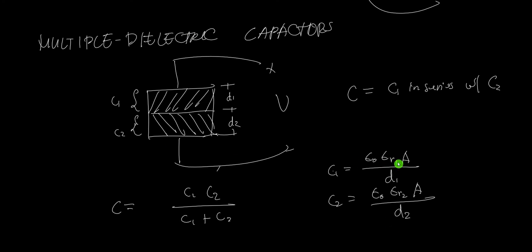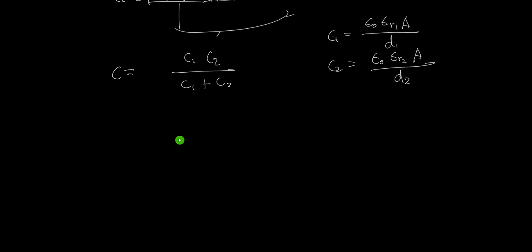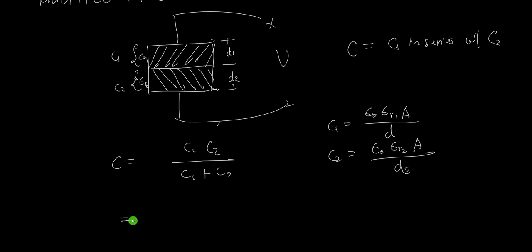So epsilon R1 is the relative permittivity for this dielectric, and epsilon R2 for the other. We can substitute those formulas now. We multiply them first: epsilon naught, epsilon R1, area over D1, multiplied with epsilon naught, epsilon R2, area, all over D2.